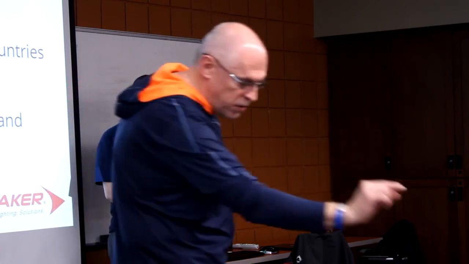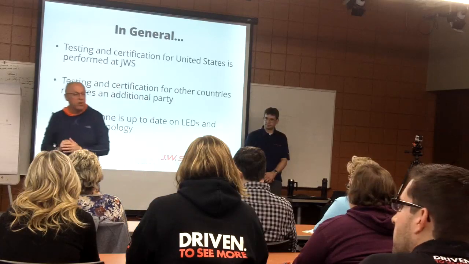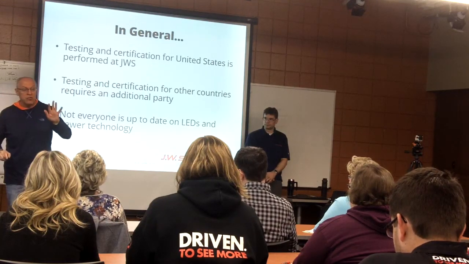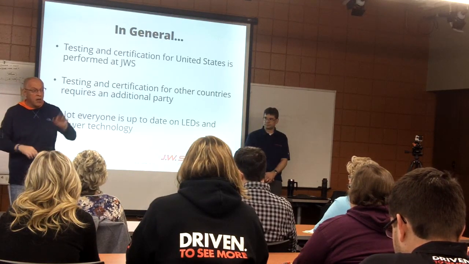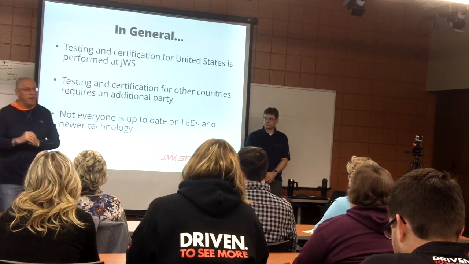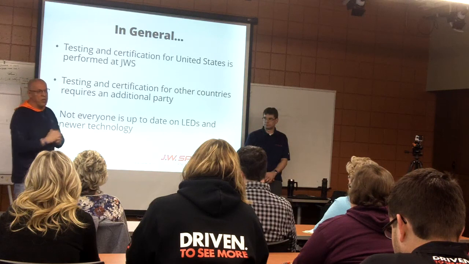They have the right to pick a lamp off the line, say in China, and say, I want this lamp, go to the photo lab and let's measure. If it fails, you have 6 months to correct it. If you don't correct it, they yank the certificate, and you have to go through the whole process again.